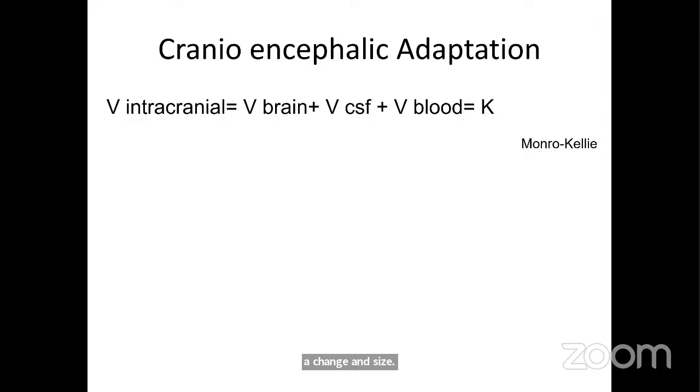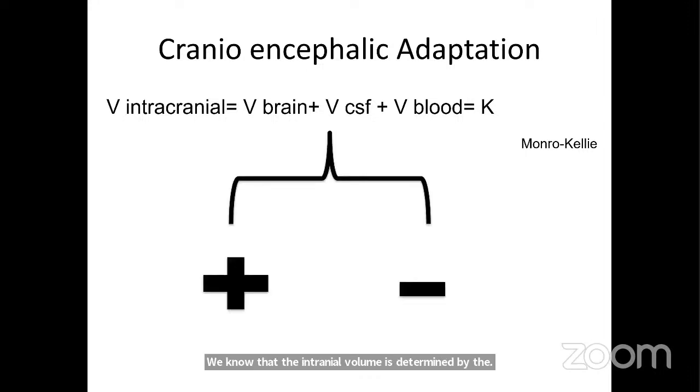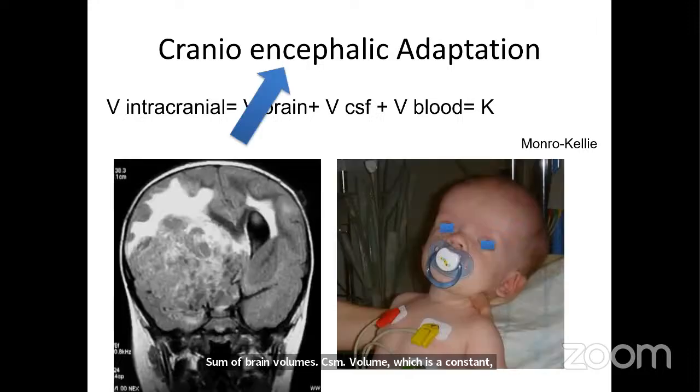We know that the intracranial volume is determined by the sum of brain volume, CSF volume and blood volume, which is a constant, but this can be modified in the case of pathologies. We can have increasing content with some kind of tumor or hydrocephalus, and this will modify the size of the skull. We will have a macrocrania.